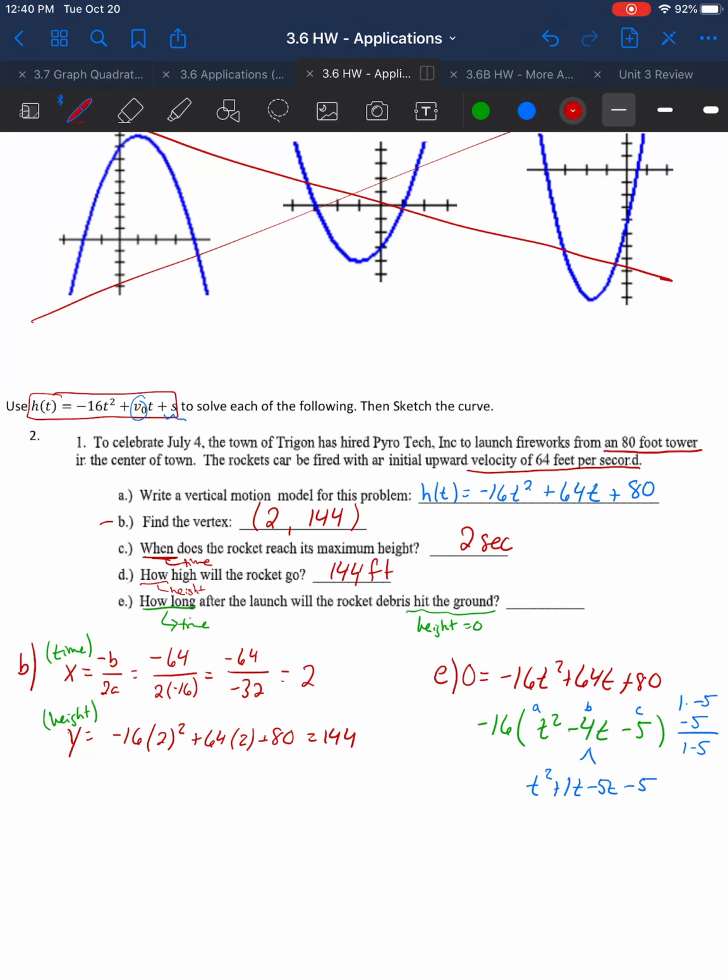This is now a whole lot prettier of a formula to try and factor. A times C. Well, the only factors of 5 are 1 and 5. If I make the 5 negative, that will give me my negative 4. Then I group. That's ugly.